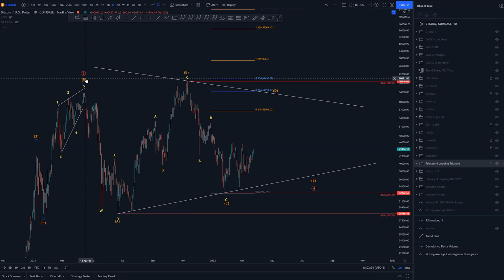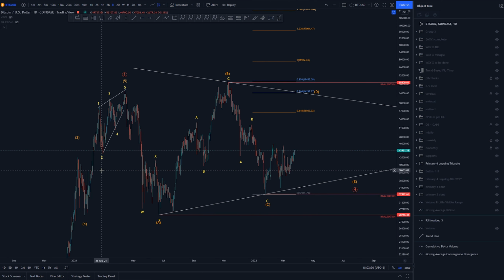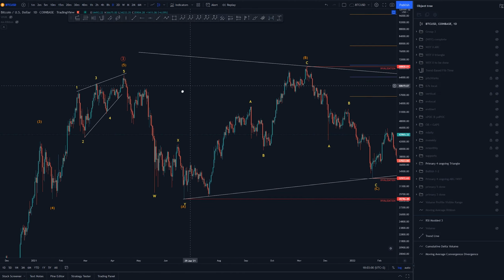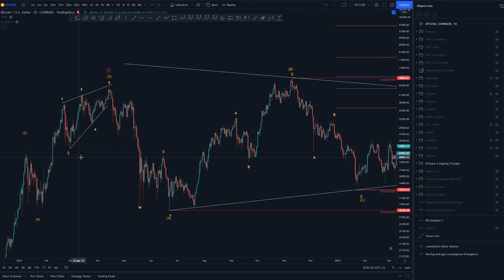That is the reason why we have the 5th here, and we are forced to have this weird ending diagonal here. It is valid, I guess, but it is definitely not good looking.